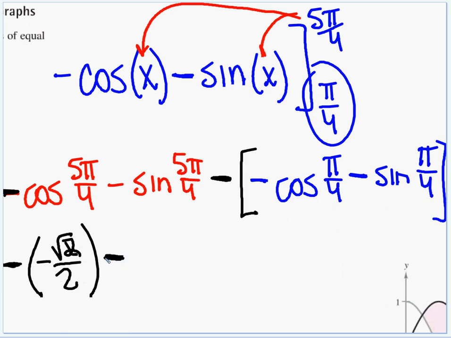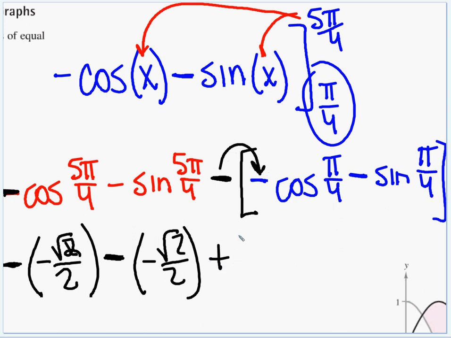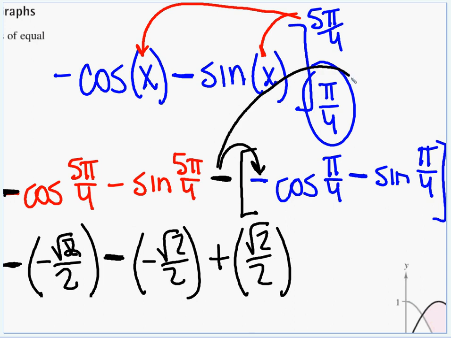And then we've got minus sine at that is also a negative root 2 over 2. And then here, let's distribute and do this sort of at the same time. This minus the negative, that is going to turn into a plus. The cos at 1/4 pi is root 2 over 2. And the negative here will also distribute to this negative. So that's going to be plus the sine at 1/4 pi is also root 2 over 2.